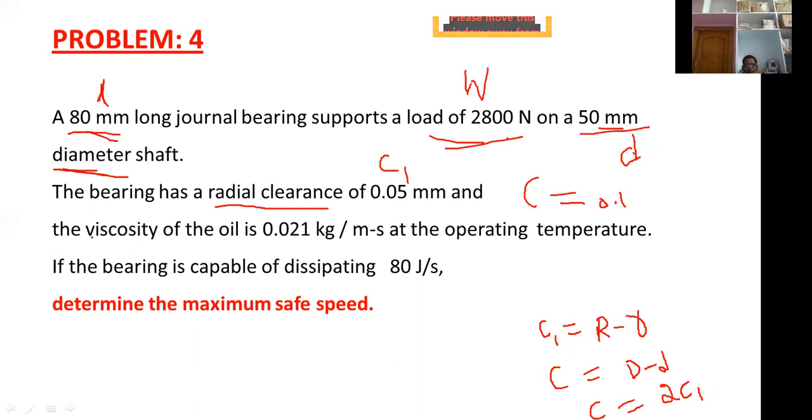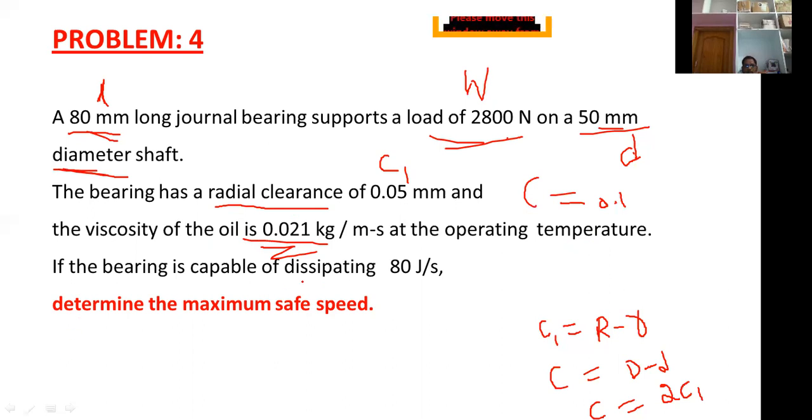And the viscosity of the oil is given, that is Z equal to 0.021 kg per meter second at the operating temperature. Here the operating temperature is not given, that is also not needed.